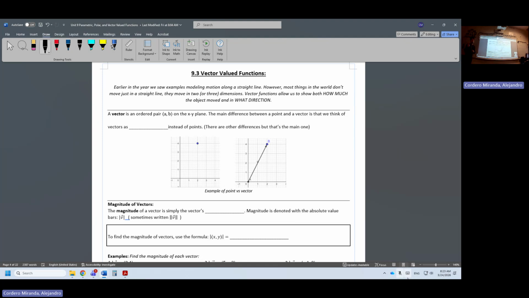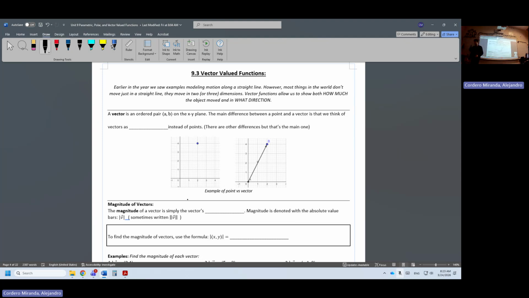But outside of the AP test, it's also just kind of interesting because the motion that you've seen in AB is just straight line motion like this. But most things in the world don't really move like that. They move not on a straight line, in 2 dimensions. And so that's what these vector valued functions are good for.